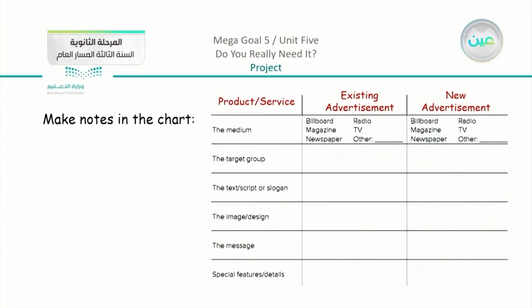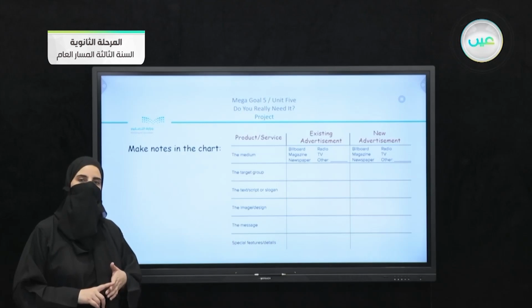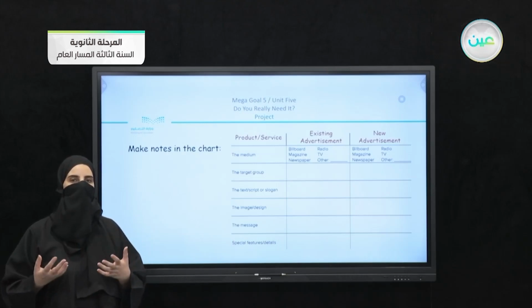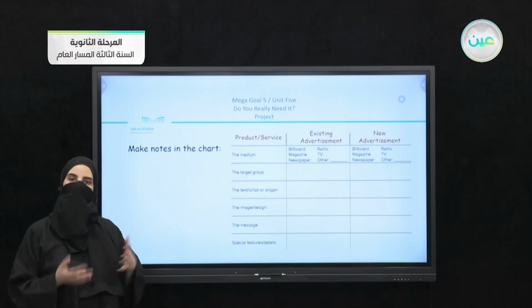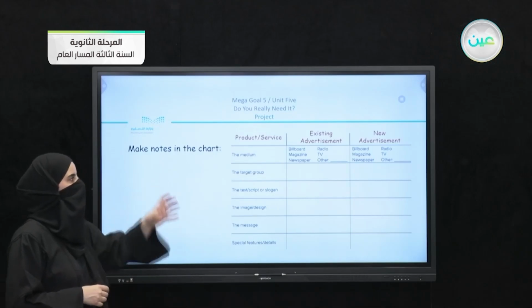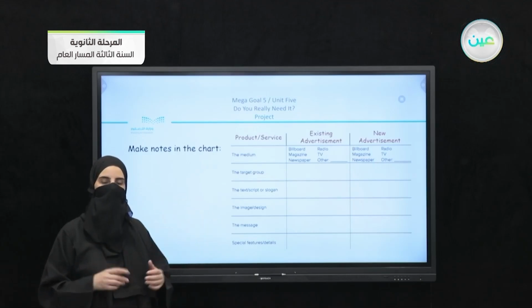Once we have discussed the advertisement and analyzed who the advertisement is for, what it is about, what the advantages and disadvantages are, and what the aim of it is, we are going to have this kind of chart here, and we are going to fill the chart. You can see that we have the same chart in your books.